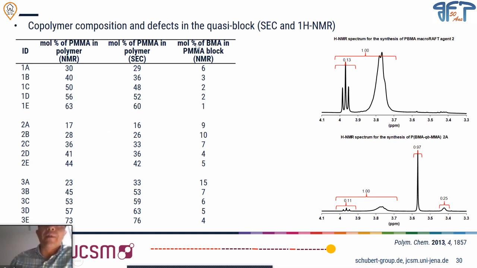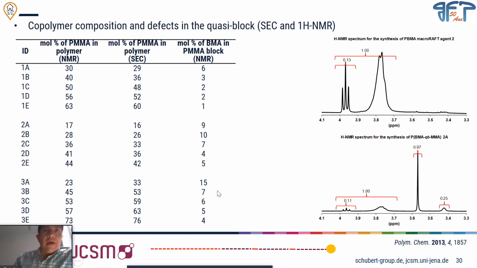If you remember, the butyl methacrylate in this case is somehow copolymerized with MMA in the second block. But since the amount of butyl methacrylate is significantly less in the second reaction on the chain extension, you expect that the BMA, the butyl methacrylate, is incorporated in the second block to a very small amount, as you can see in the NMR.